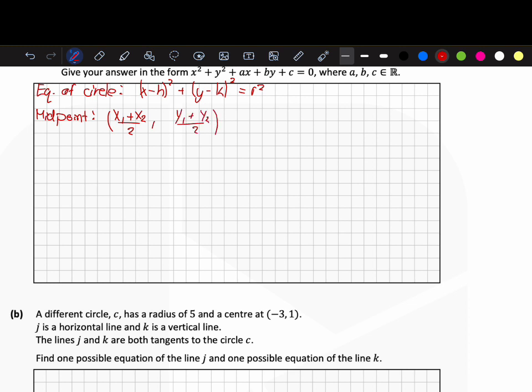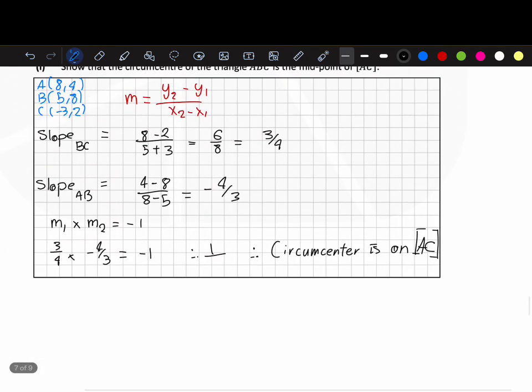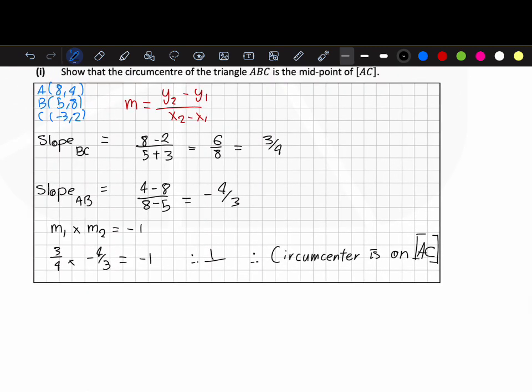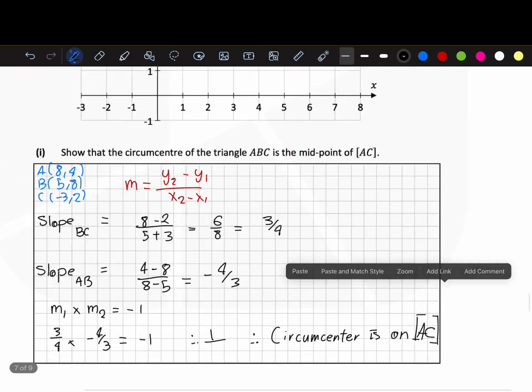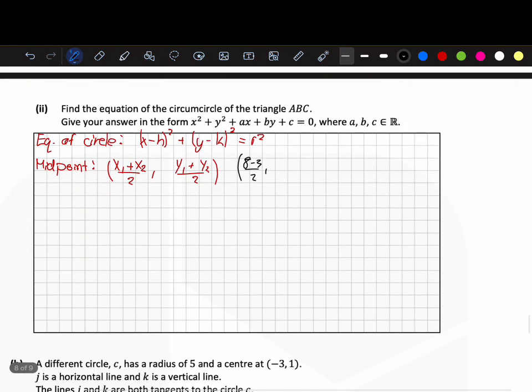And if it's on AC, this is going to be x1 plus x2 is 8 minus 3, and then we'll have 4 plus 2. So this simplifies down to 2.5, 3.